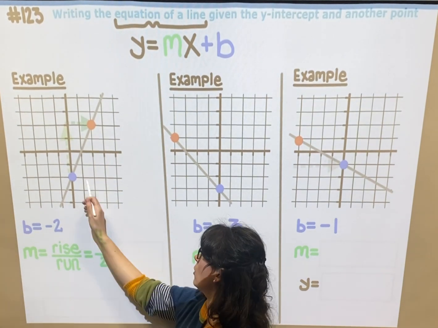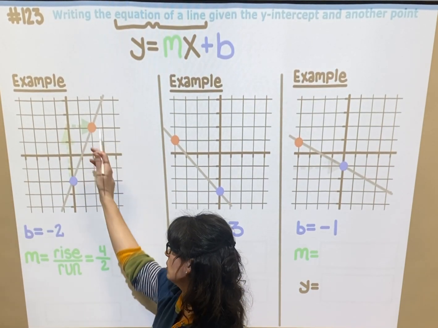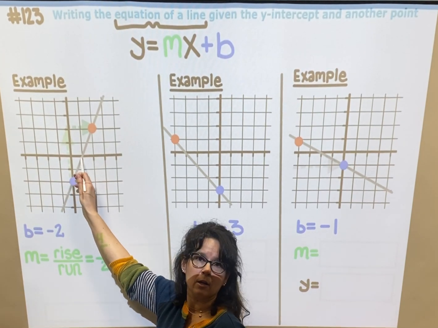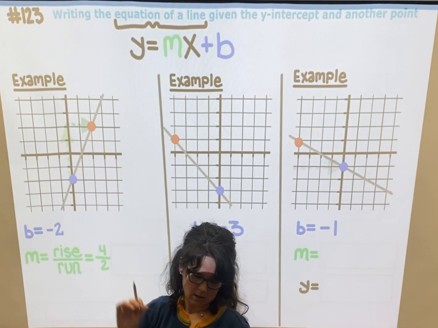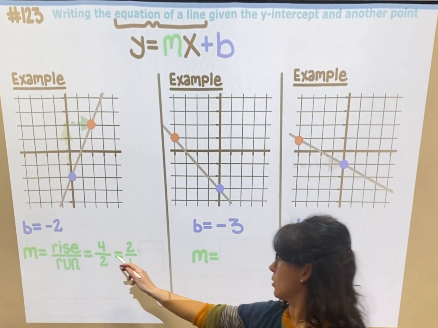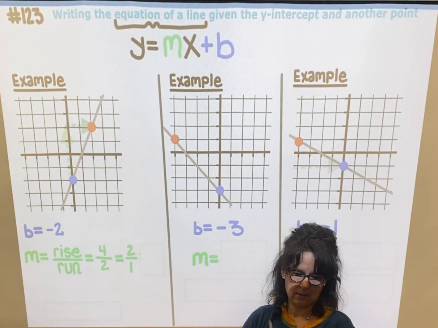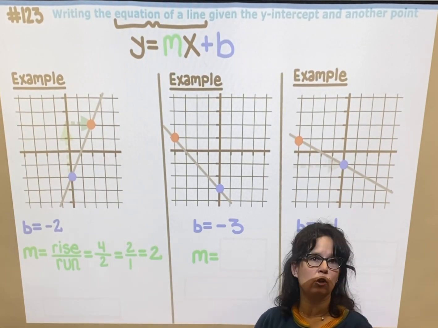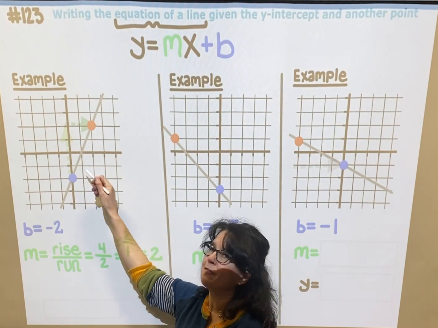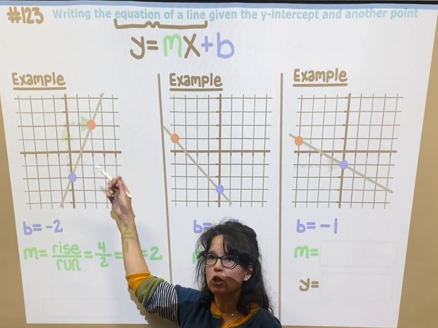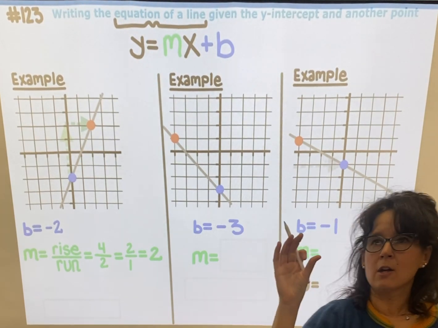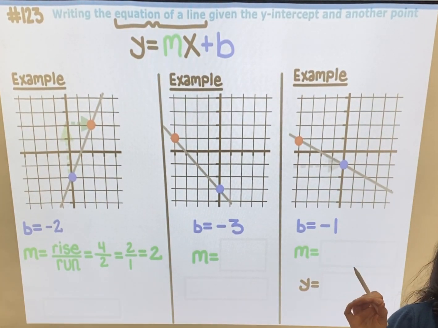So instead of going rise 4, run 2, 4/2, I could rise 2, run 1. And of course, either one of these simplifies to 2. So you don't have to feel like you have to use the highlighted points. You can use any ones you want. And the closer the points are together, the less simplifying you'll need to do.